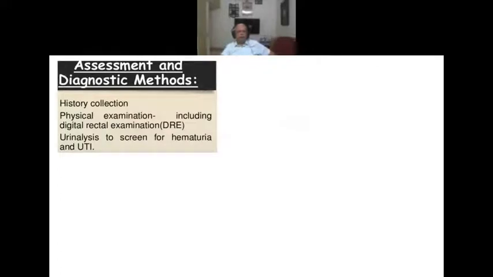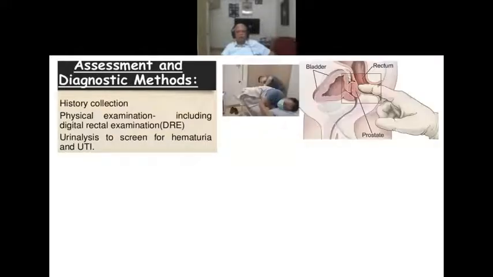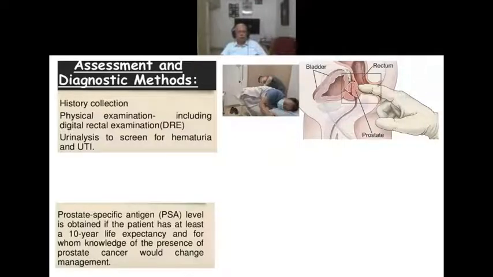So you have to do a thorough history and examination, and usually they do a rectal examination. In the rectal examination, they can find out which lobe is regular, what the consistency is, whether it is firm and rubbery or hard like stone, which can indicate malignancy. Rectal examination is a very important method used by the urologist to find out the status of the gland.